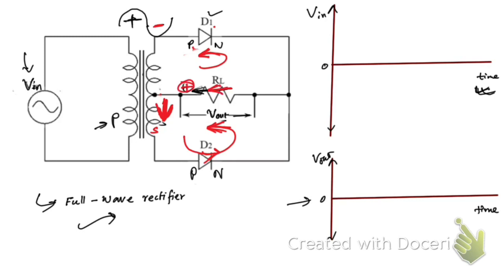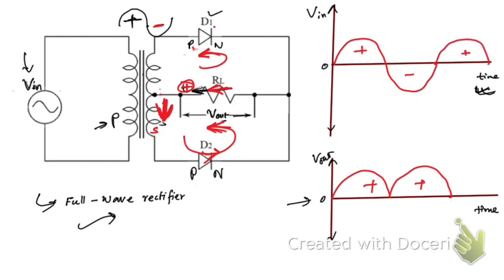That's why we can draw the graph for V in versus time this way. For both positive and negative half cycles, we are getting the output in the same direction, both positive. That's how we can draw the output and input voltage graph. I hope you have understood this.